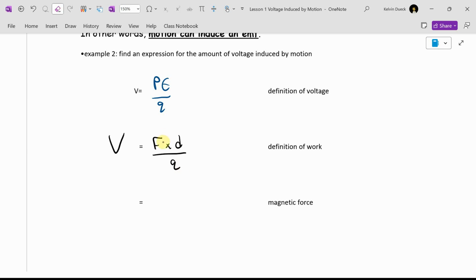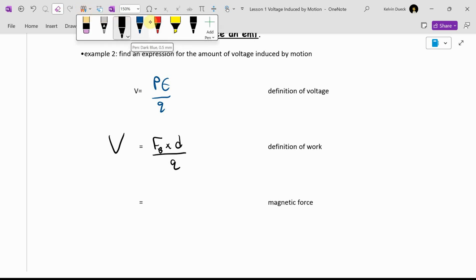But which force? Well, it's the magnetic force acting on those protons. What's the equation for magnetic force on a charged particle? It's on your formula sheet.